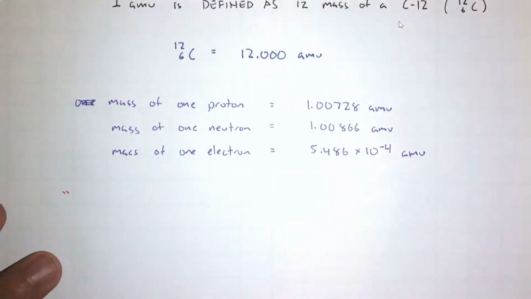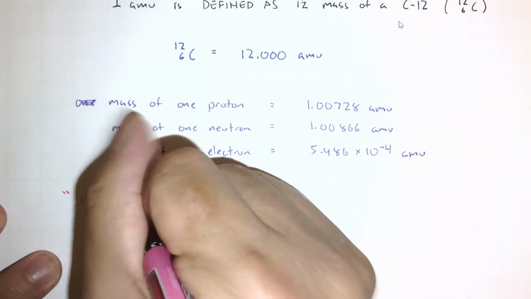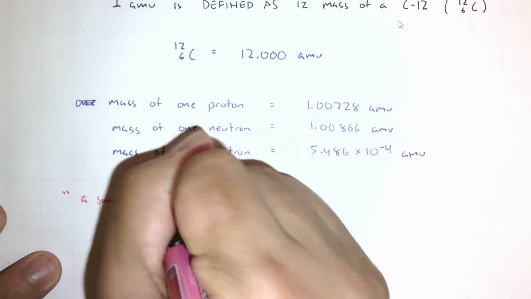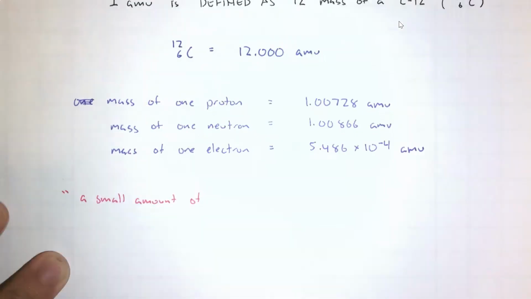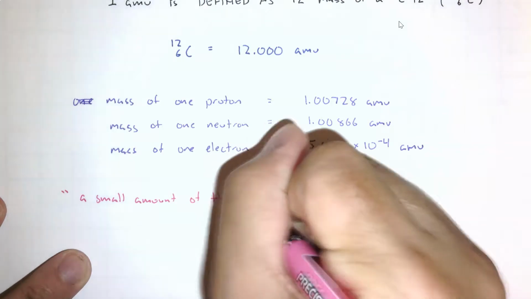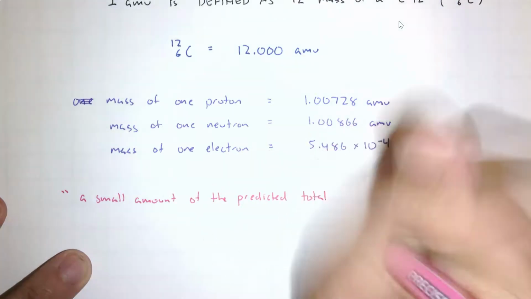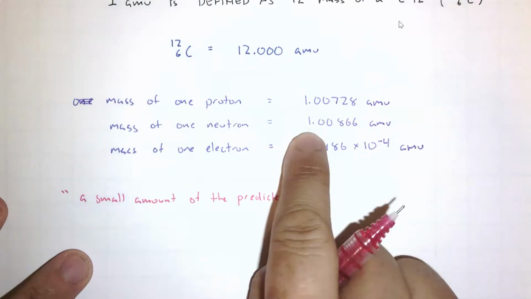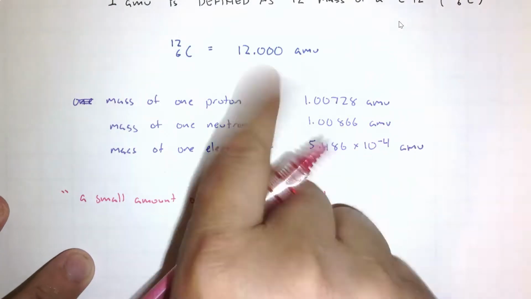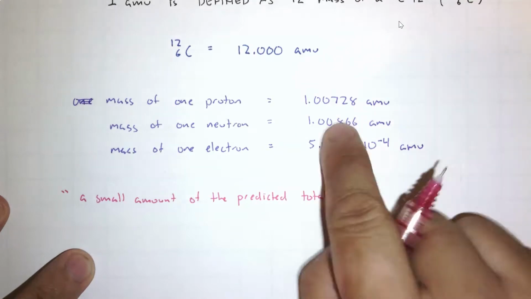This is what I found out. A small amount of the total mass, or of the predicted total mass, right? With 6 protons and 6 neutrons, you would imagine that the AMU would be 12.0 something, because it's not exactly 1.